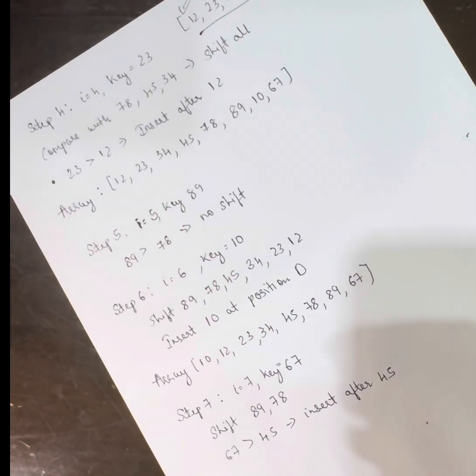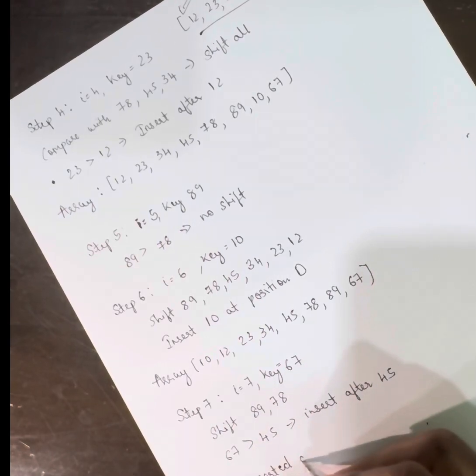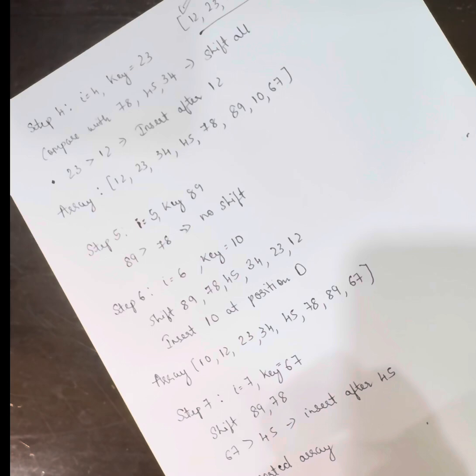Now the final sorted array is 10, 12, 23, 34, 45, 67, 78, 89.